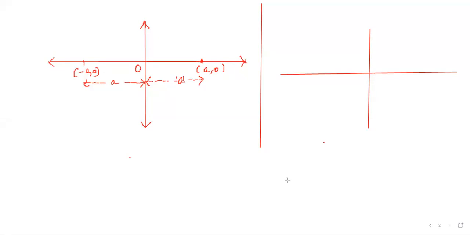So again draw another graph. This is origin. This is positive direction of x-axis. This is negative direction of x-axis. This is positive direction of y-axis. And this is negative direction of y-axis. And if we move 1 unit away from the origin along the y-axis, on the y-axis, the coordinates of the point, if we write it as D, what will be the coordinates?